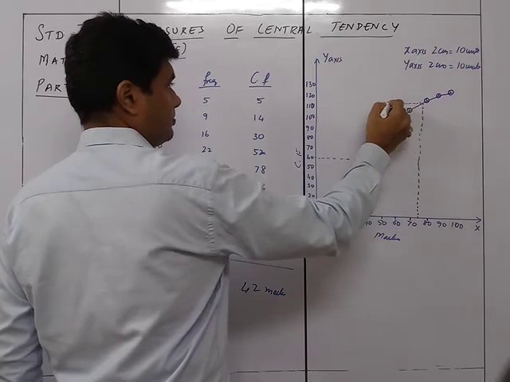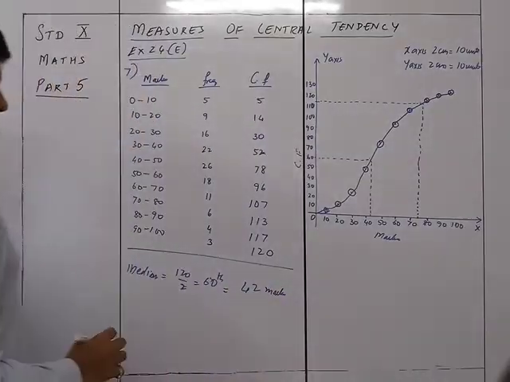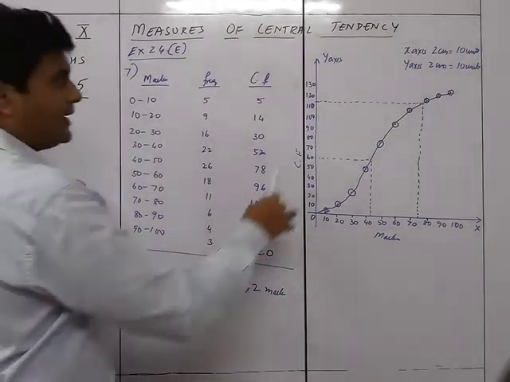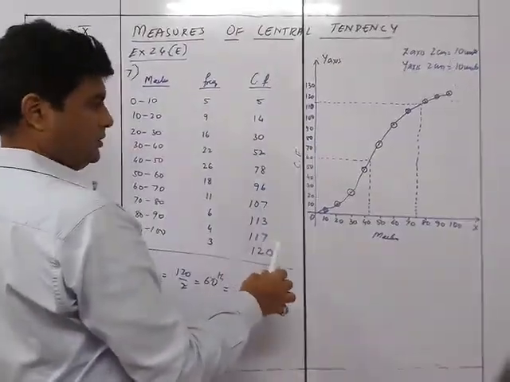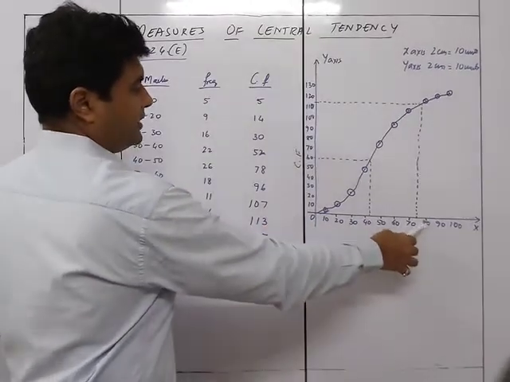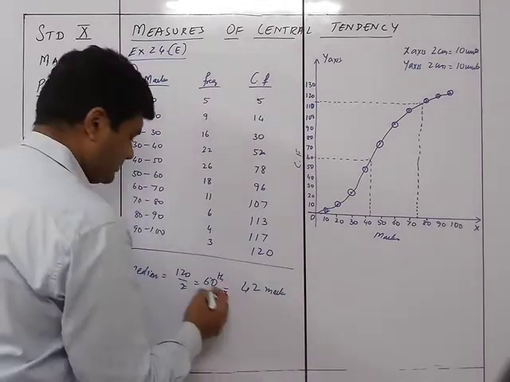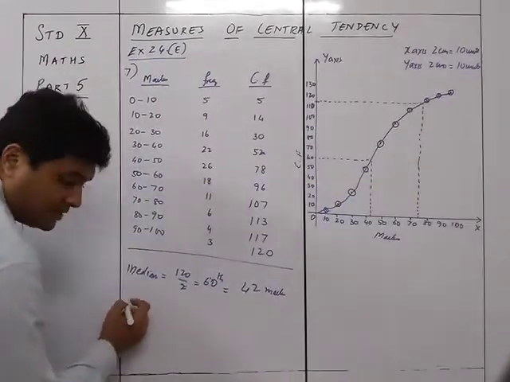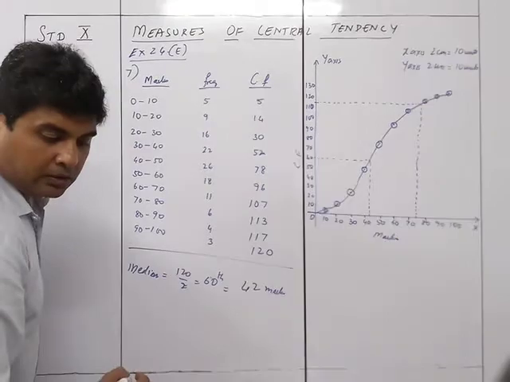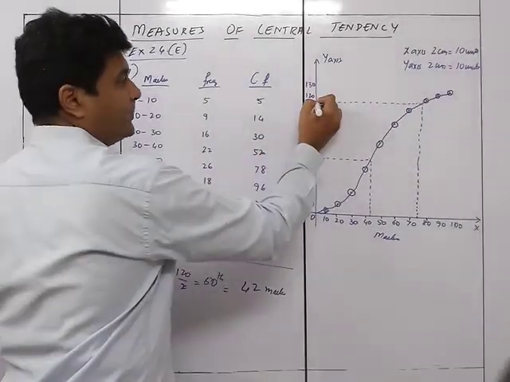So you can see that it is around 100, and because I can just check that out, because 70 ka 107 was there, then after 70, for 80 it is 113, so yeah, it will be somewhere near 111. Suppose it is 112.